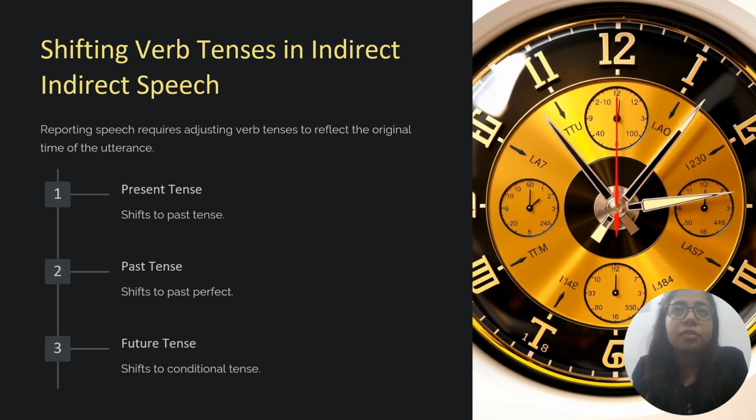If the direct speech is already in the past tense, you cannot change it into past tense, so you change it into past perfect. Next, future tense shifts to conditional tense. It depends on the condition we are talking about, and then we decide whether to change the future tense or not.